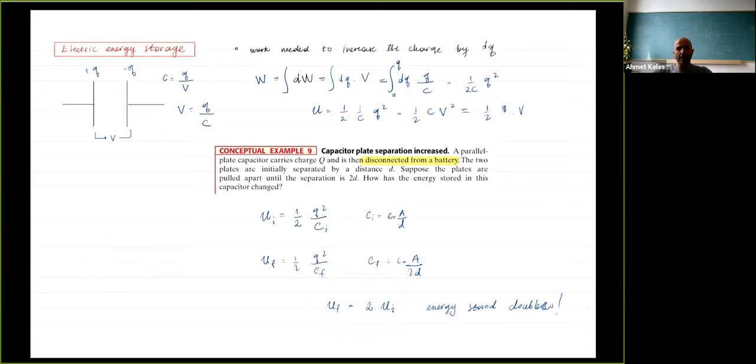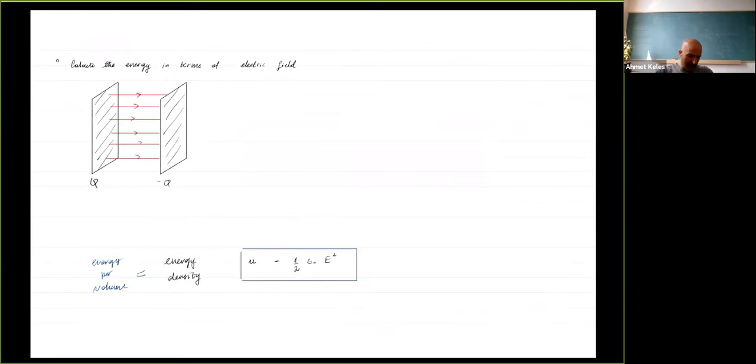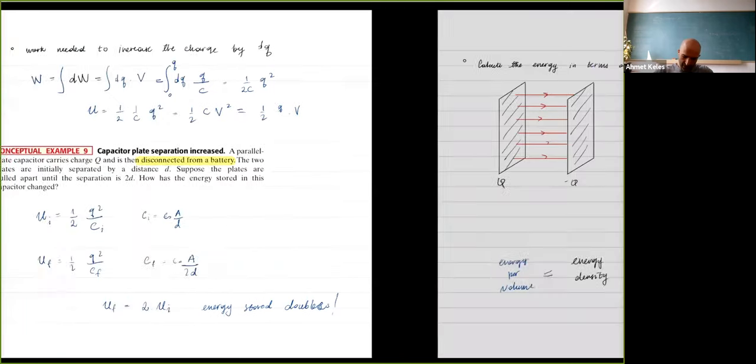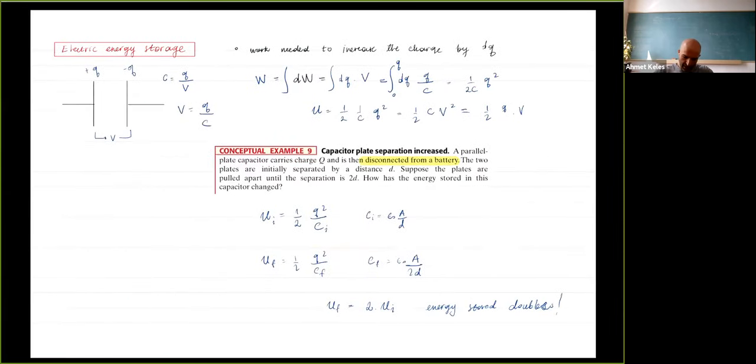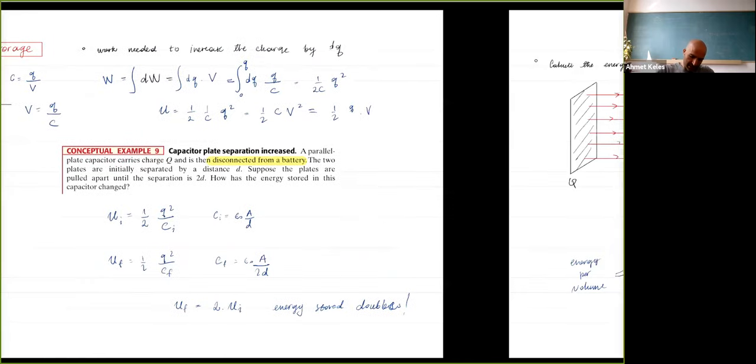Okay. Now I want to calculate this stored energy in terms of purely electric fields. Let's see if I can switch this to electric field. So the energy I calculated was something like this. U was equal to, which one should I use? Let's use 1/2 C V squared.